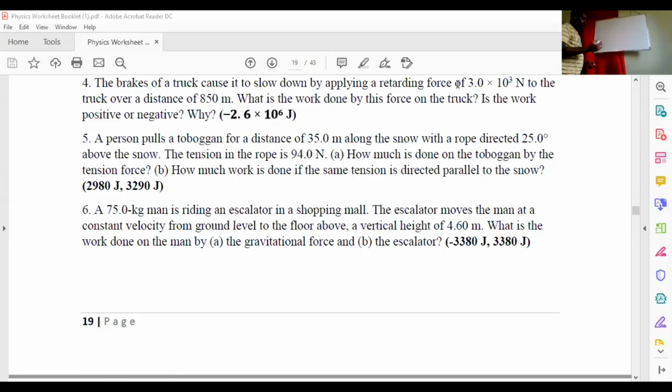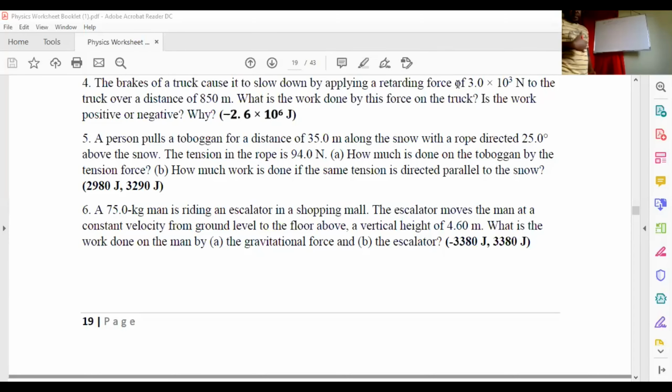So it asks us to find work, so we know that work is force times distance. In this case, the force given is 3.0 times 10 to the 3 multiplied by the distance of 850 meters.